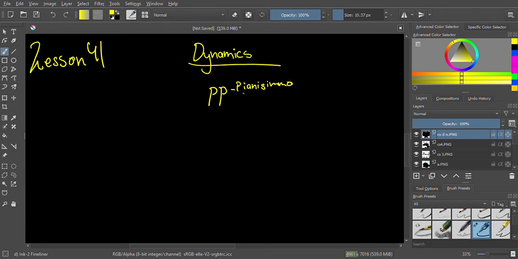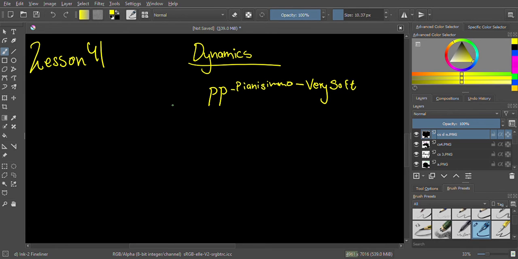These are all Italian words, and it translates to very soft. Not soft in terms of tone quality. It means very quiet. The soft is a literal translation. So pp means very, very, very quiet, basically about as quiet as you can get.